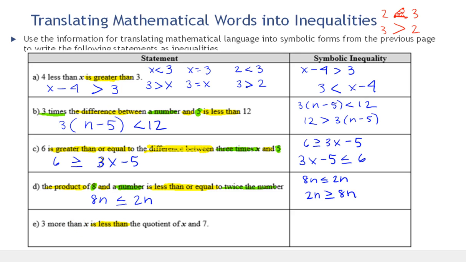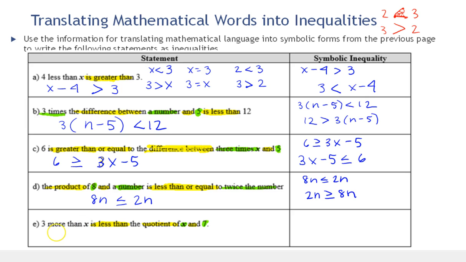So looking at the right-hand side, we have the quotient of, and there's the end. So the two values we're finding the quotient of are x and 7. On the left-hand side, we have 3 more than x, so that means we're going to add 3 onto x.